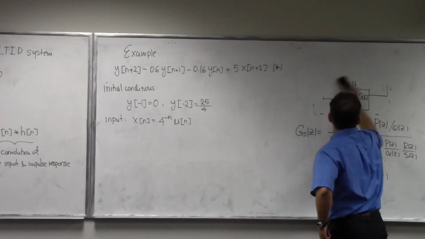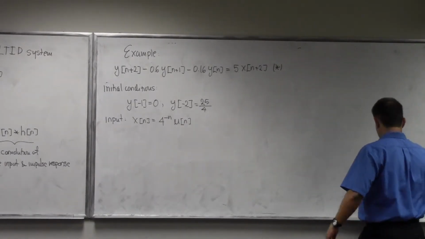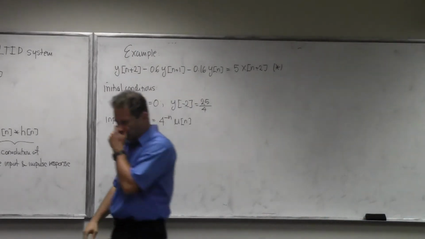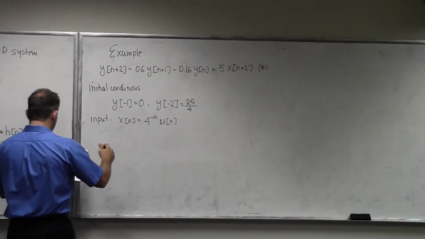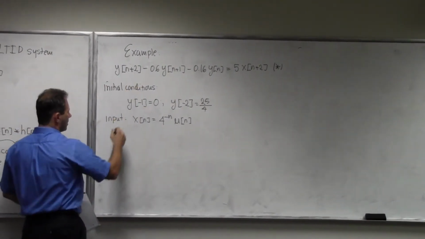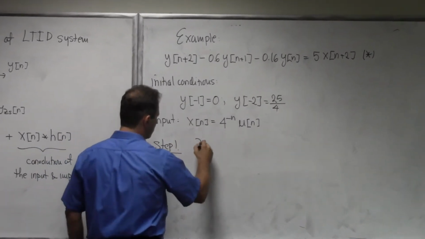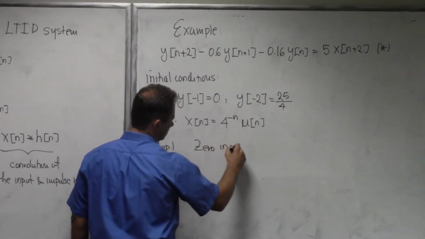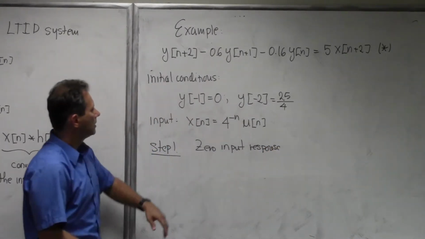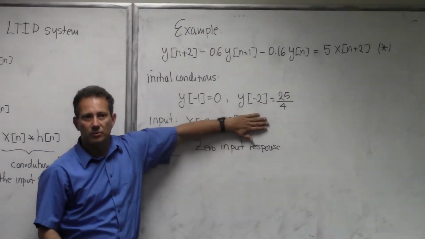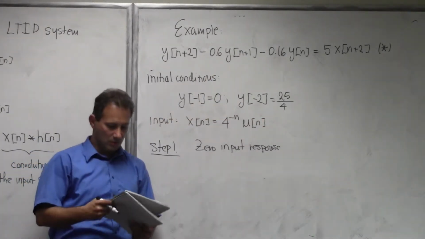So let's solve this particular example. When you are given a problem like this, the first step is to look at the zero input response. In other words, for the time being, we're going to assume that there is no input to the system, and we're going to just calculate what happens at the output as a result of these initial conditions.